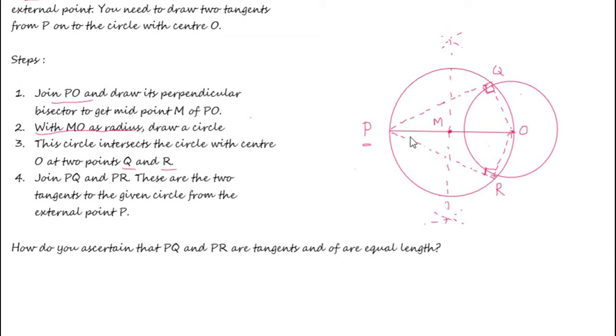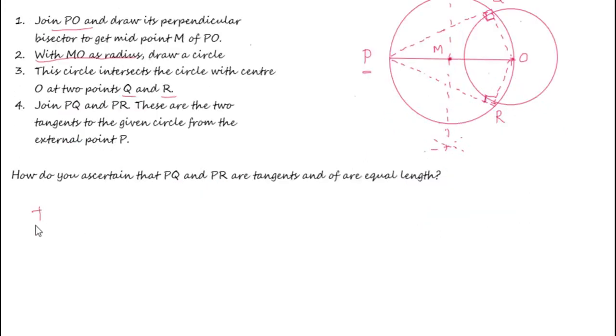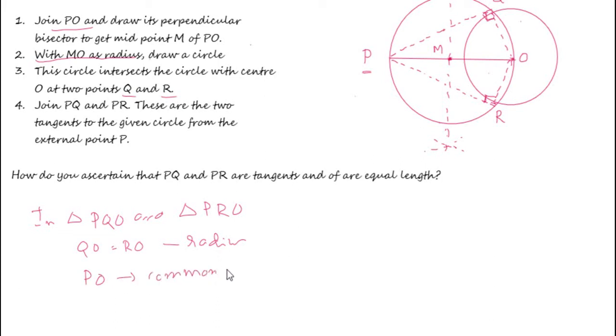Now how to prove that PQ and PR are of equal length? Now in triangle PQO and triangle PRO, QO equal to RO, that is both are radius. PO is common in both triangles.